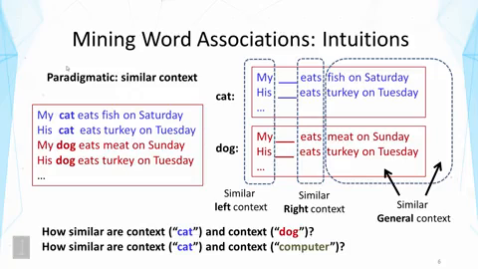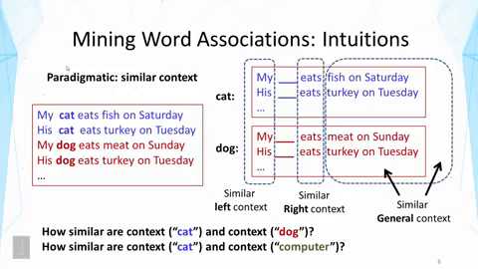So for example, if we think about the following questions: how similar are context of cat and context of dog? In contrast, how similar are context of cat and context of computer? Now, intuitively, we would imagine the context of cat and the context of dog would be more similar than the context of cat and context of computer.